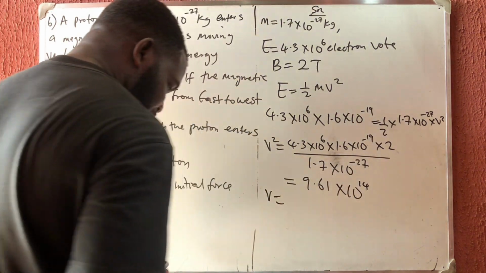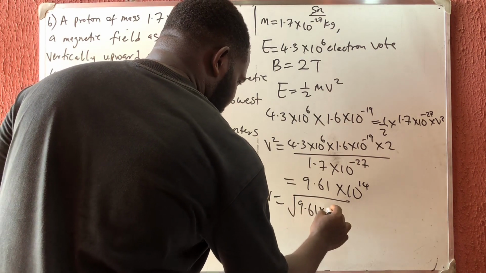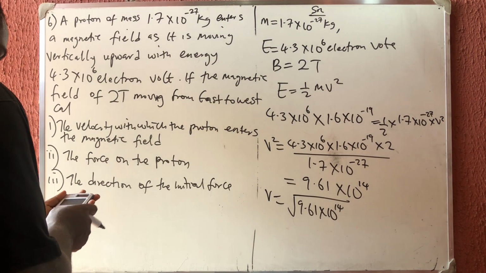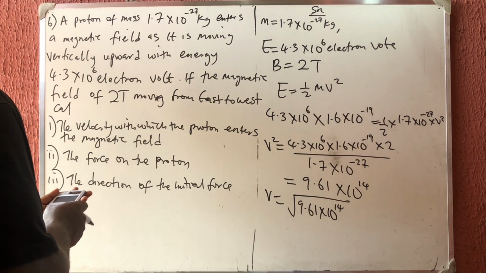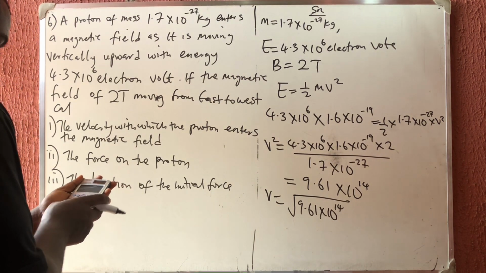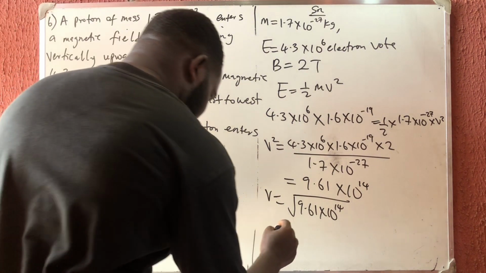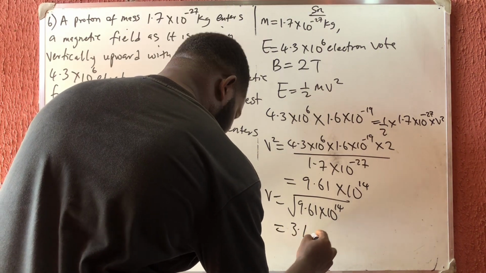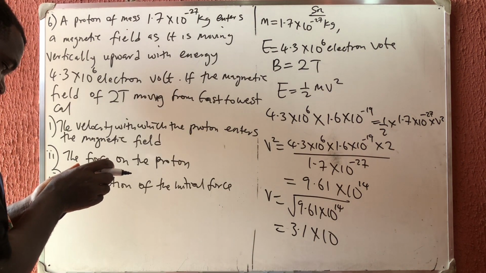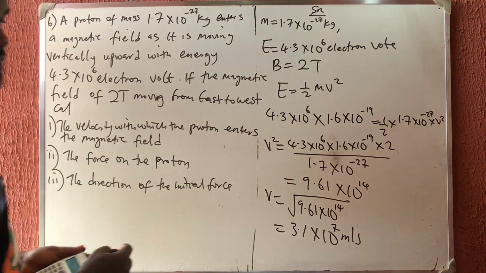So v is going to be the square root of that, the square root of 9.61 times 10 raised to the power 14. Then my answer will give me 3.1 times 10 raised to the power 7 meters per second.